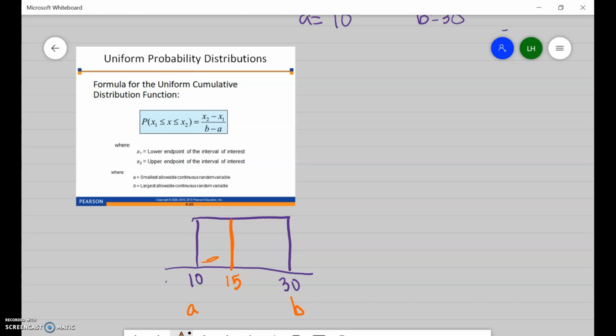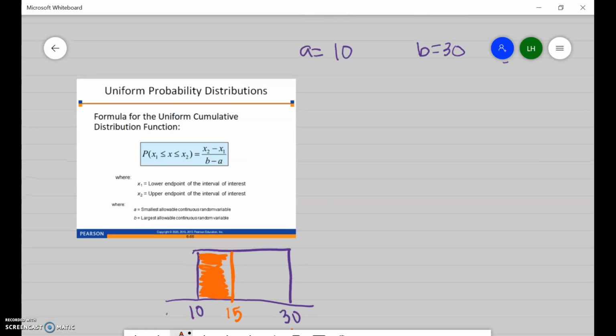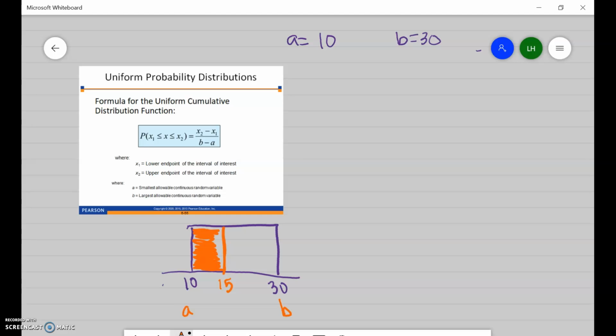Now, we want to know the probability that it's less than or equal to 15, but it can't go below the 10. So now we can see that technically we want to know the probability that X is between 10 and 15.